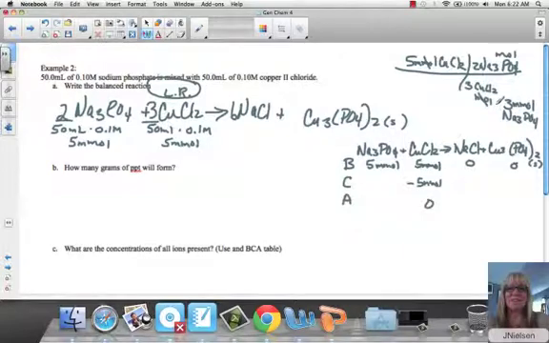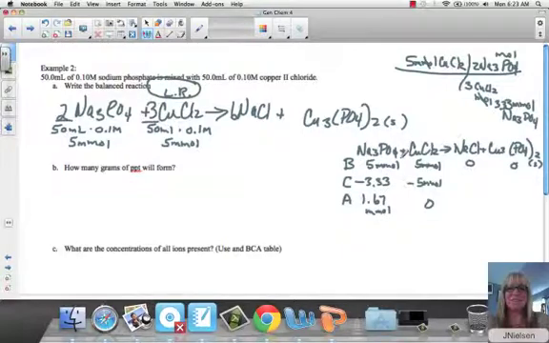So this is going to be minus 3.33 here, which is going to leave me with 1.67 millimoles.